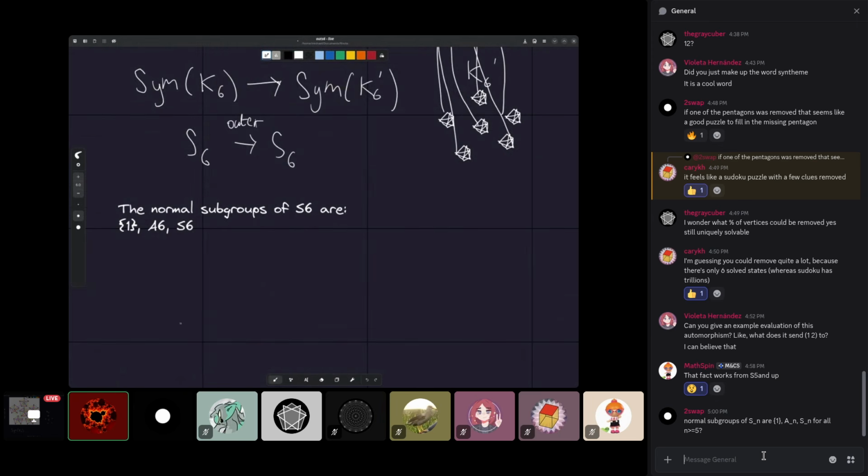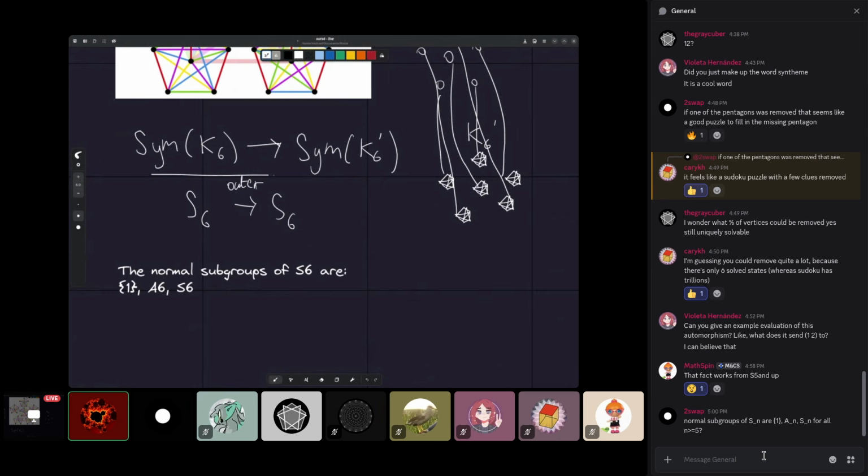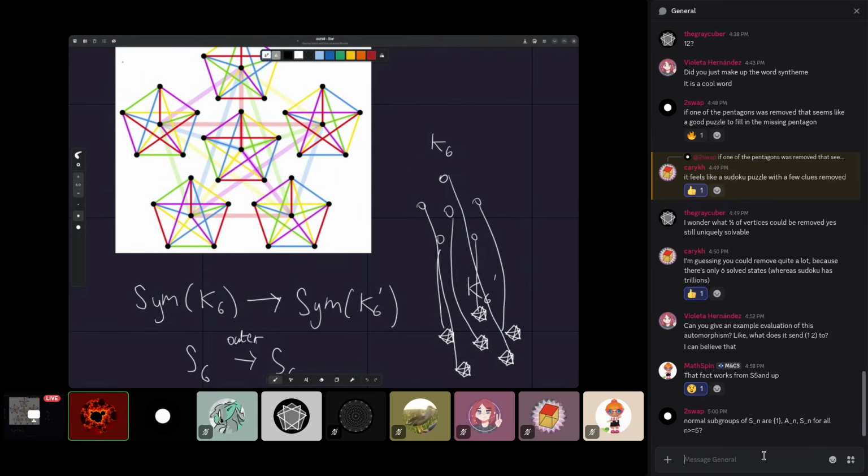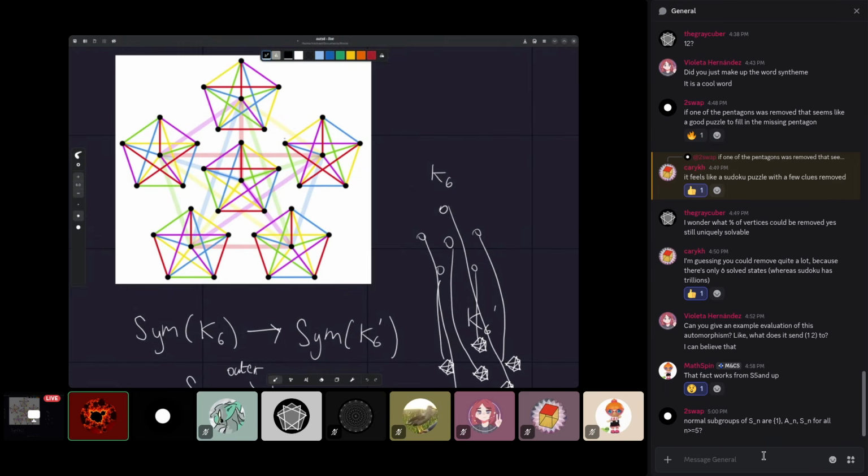And the fact we need is that the action is transitive. Transitive is kind of a weaker version of what we want.